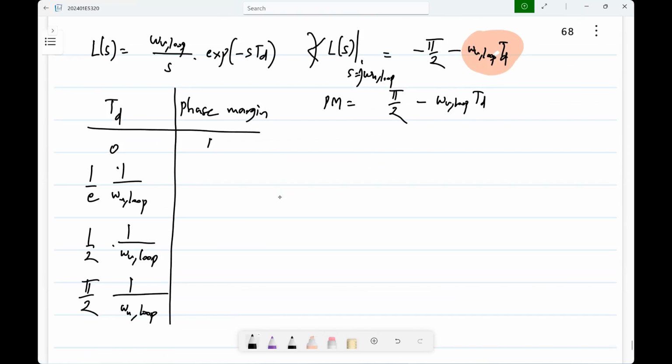Here it is pi by 2 or 90 degrees. And what is it in this case? 69 degrees. This is 61 degrees. And here 0. Obviously, it is unstable, right? That is the case where you have a sinusoidal natural response. So it has to come out to be 0.